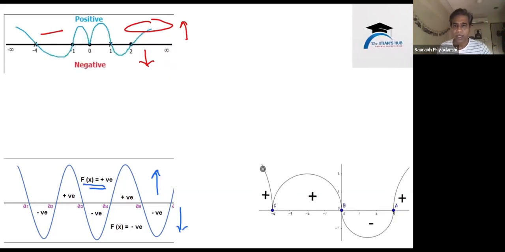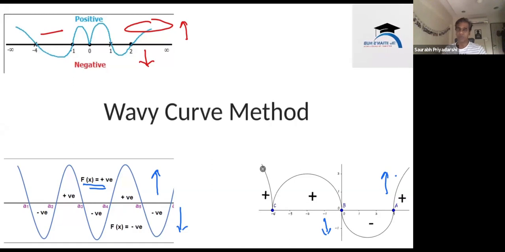Similarly, in this case, you can see a different type of wavy curve, going up and going down with respect to the axis. When this is above the x-axis, this is positive, and when this is below the x-axis, this is negative. So this is known as the Wavy Curve Method.